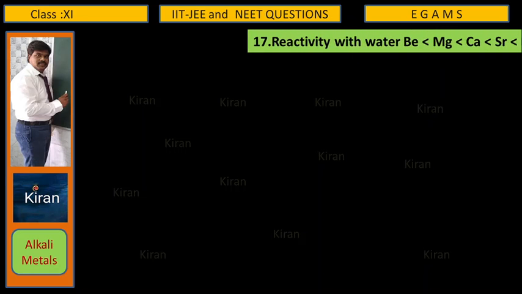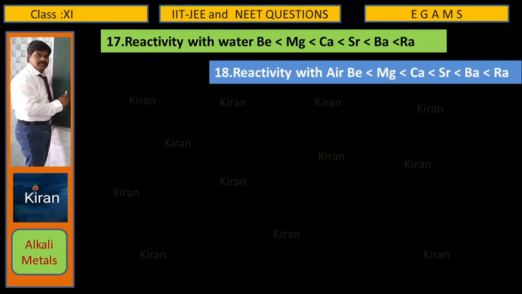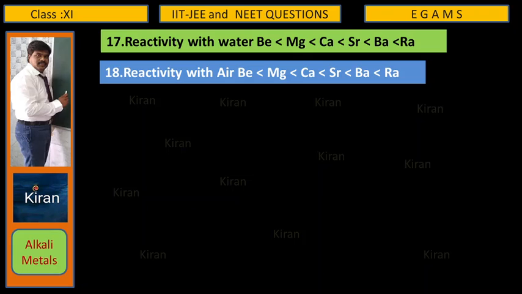Reactivity, we can always explain with the size of the atom: as size increases, chemical reactivity increases. Reactivity with air means oxygen. Among these alkaline earth metals, beryllium is the least reactive with oxygen compared with barium. Barium and strontium can form peroxides and superoxides, but beryllium cannot form.